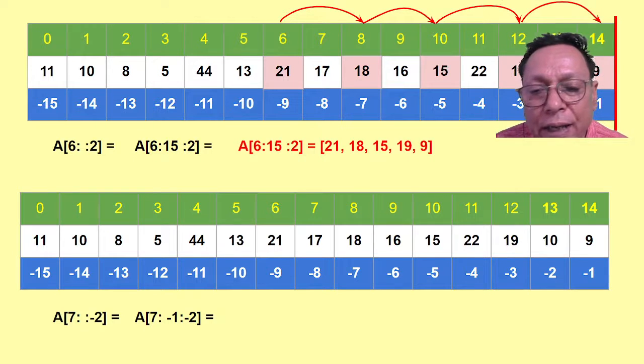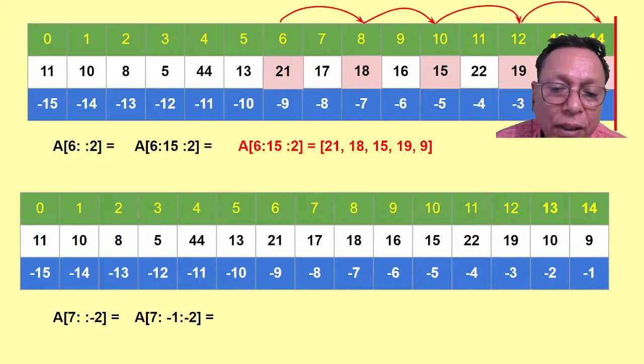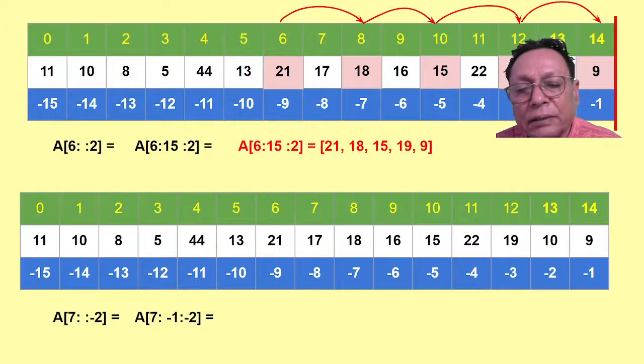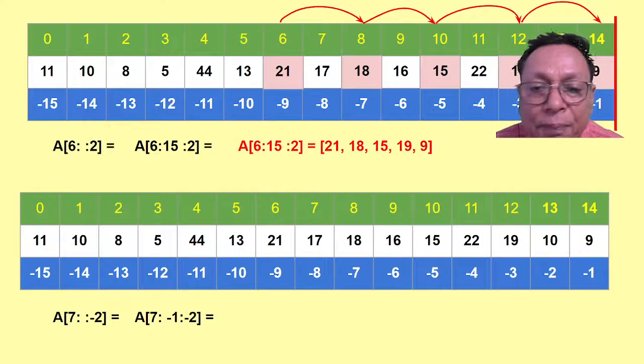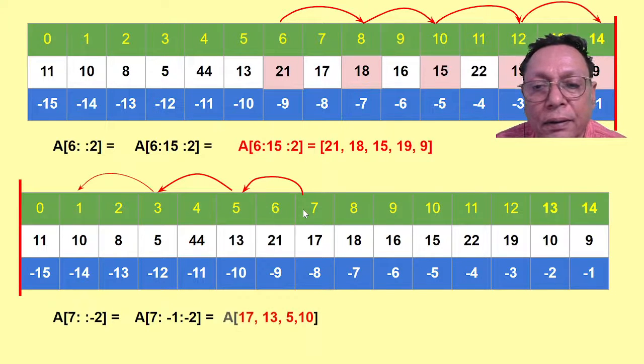So this way the starting index is 7 and the ending index will be treated as -1, because the stop index is not given, but there is a provision that Python automatically considers the ending index. So it will start from 7, like this. It's a gap of 2.